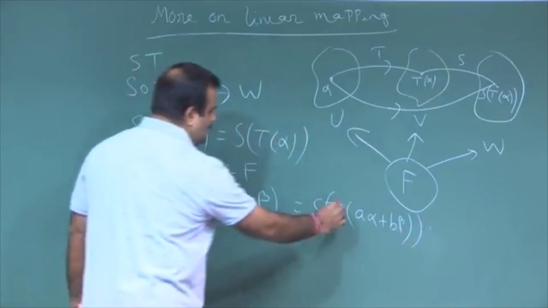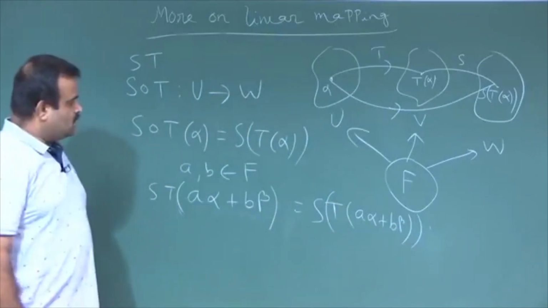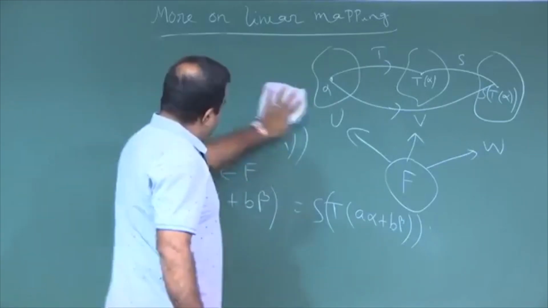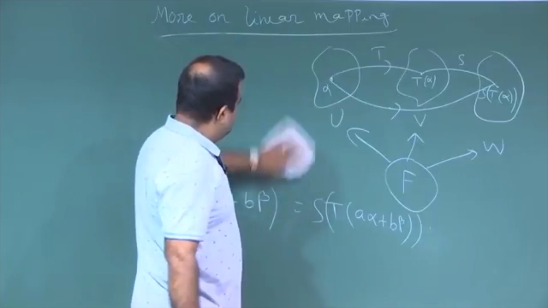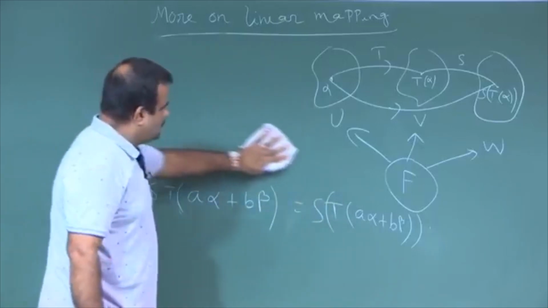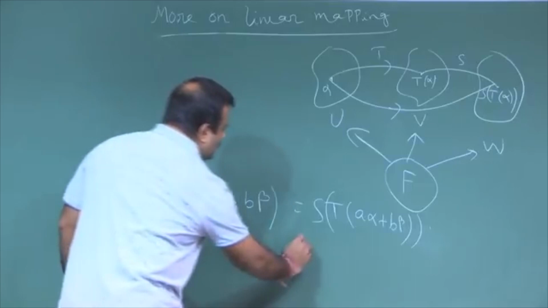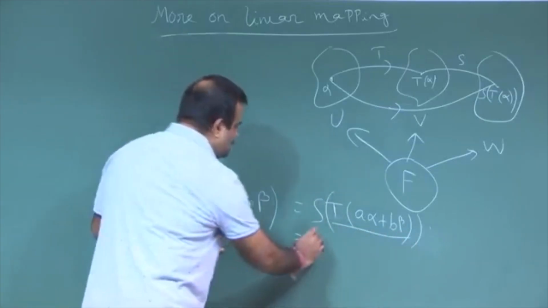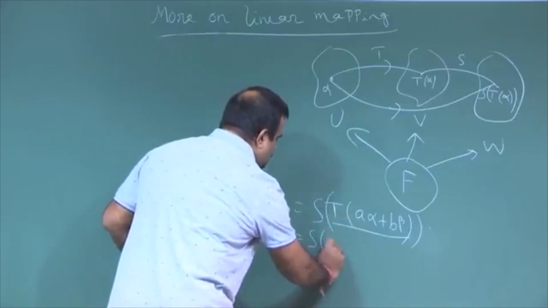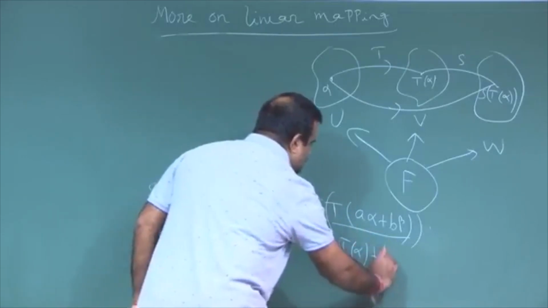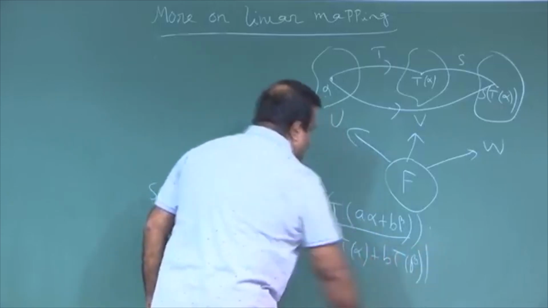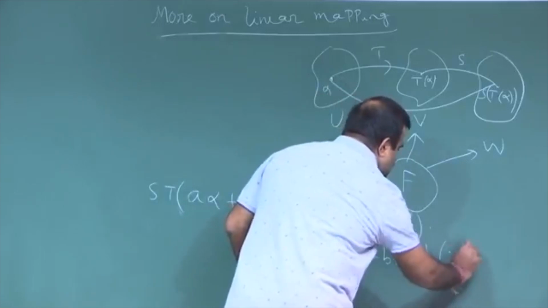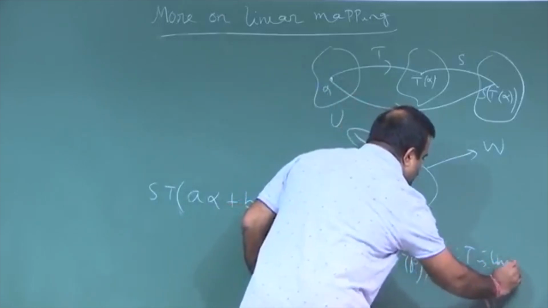This is the composition of two mappings. Now, T is a linear mapping, so T of this can be written as A T alpha plus B T beta, since T is a linear transformation.